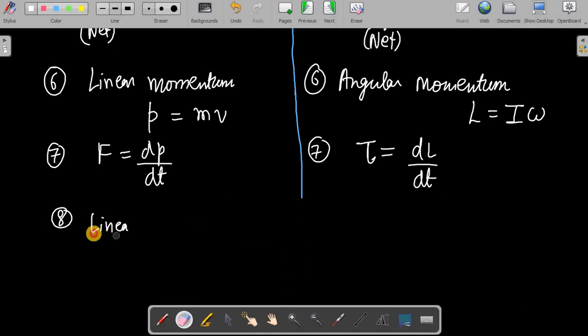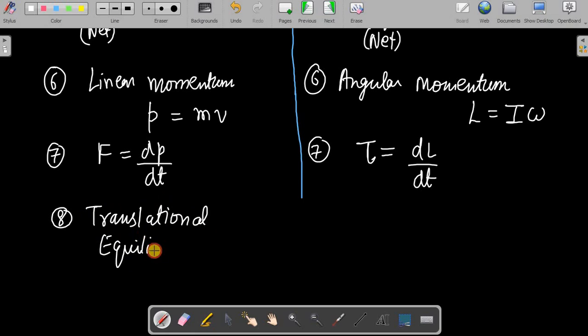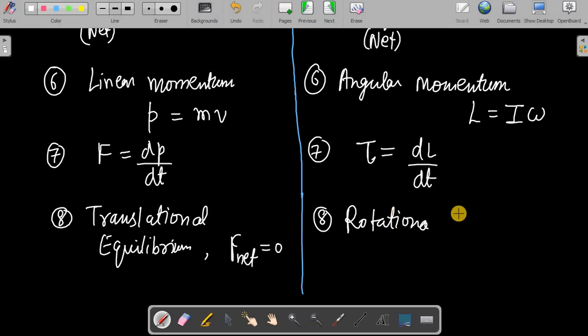Linear or translational equilibrium. What is translational equilibrium? Translational equilibrium means net force is equal to 0. Similarly, rotational equilibrium. Rotational equilibrium means net torque is equal to 0.